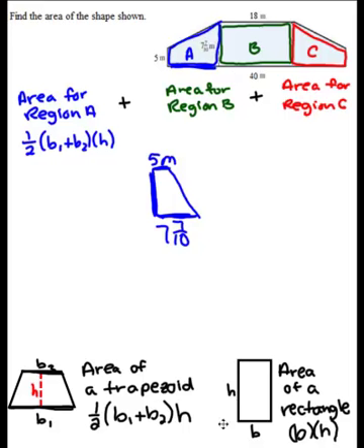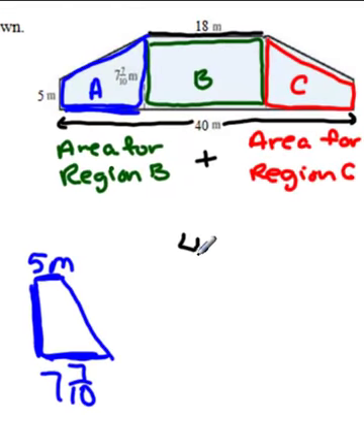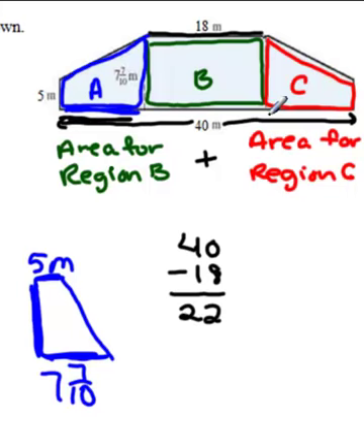We know that the entire distance along the bottom is 40 meters, and we know that the distance of this piece right here is 18 meters. So if I were to take 40 and take away 18 from that, that would give me 22. So that means that this piece here and this piece here are both together 22.